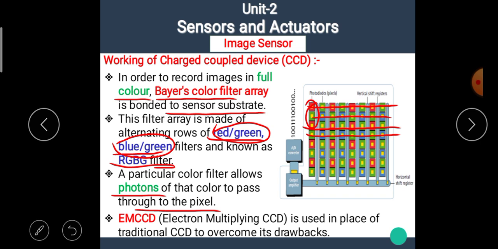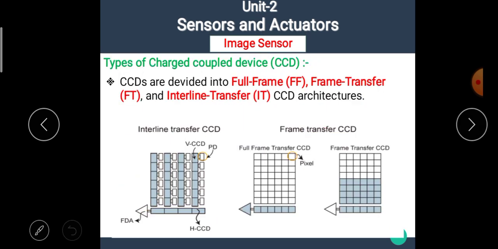The EMCCD, that means electron multiplying charge coupled device, is used in place of traditional CCD to overcome its drawback. Okay, these are the basic things about the charge coupled device. There are three types of charge coupled device. First one is the full frame transfer, second one is frame transfer, and third one is interline transfer CCD architecture.